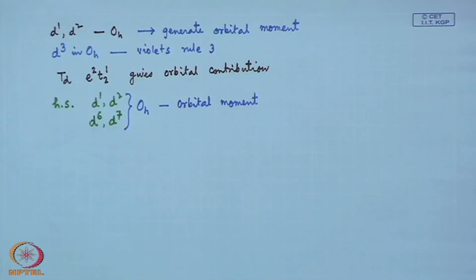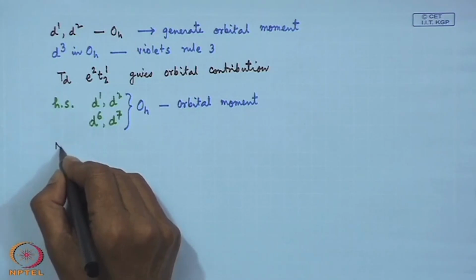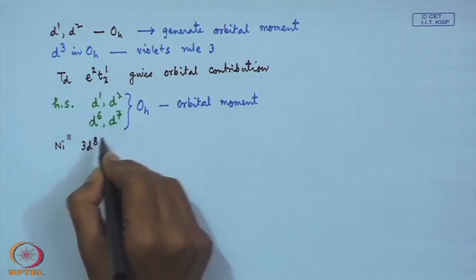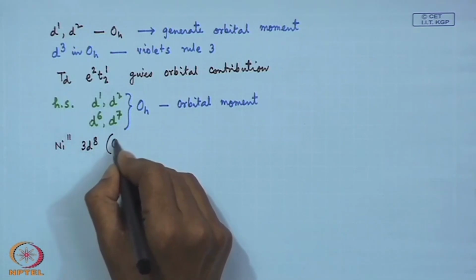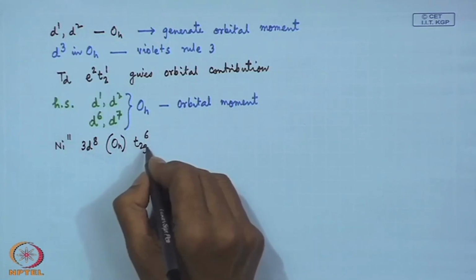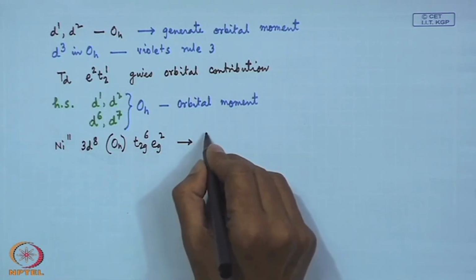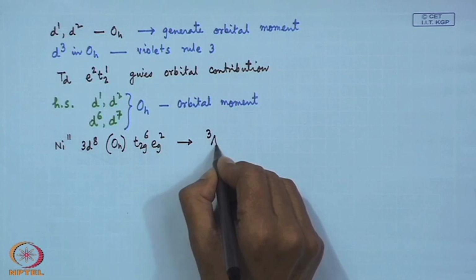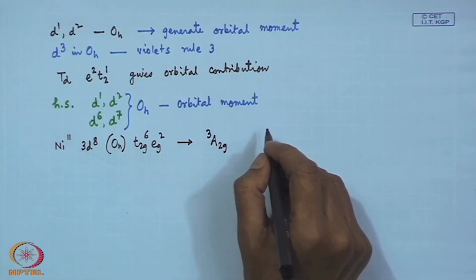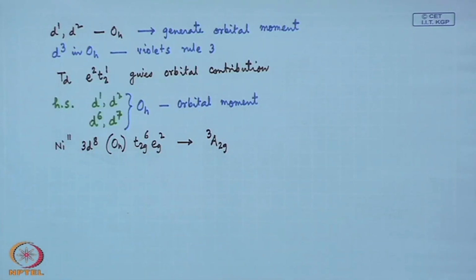So, in terms of these corresponding term symbols, what we see is that in case of nickel 2 plus, which is 3d8 in octahedral geometry, we have T2G6 and EG2 configuration, and the corresponding ground state term after crystal field splitting of the 3F term is 3A2g, and this 3A2g term is due to the corresponding configuration of T2G6 Eg2.